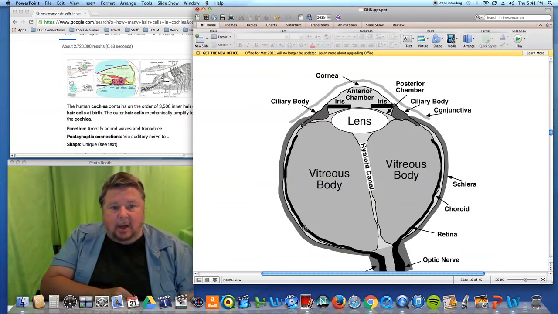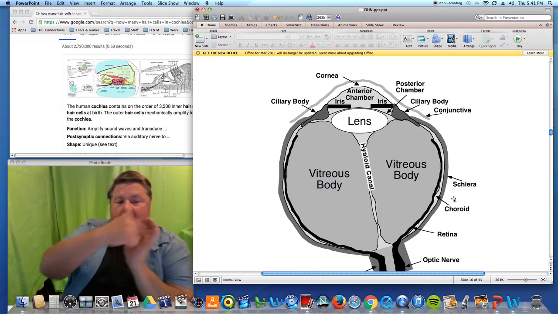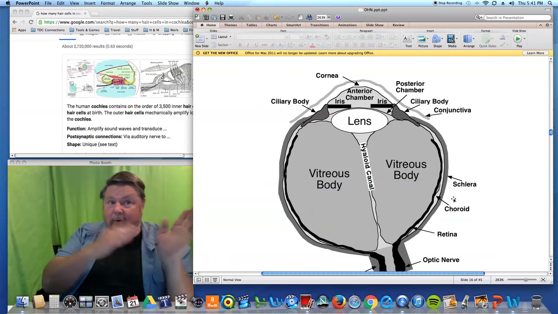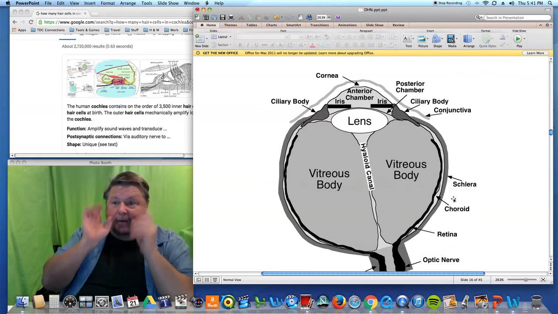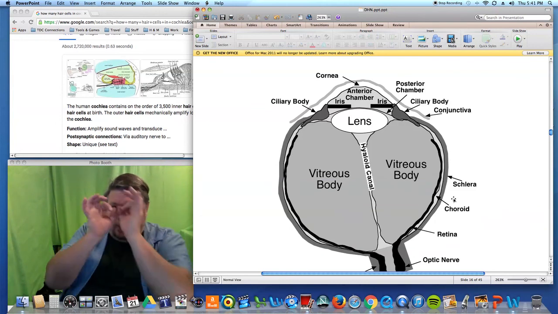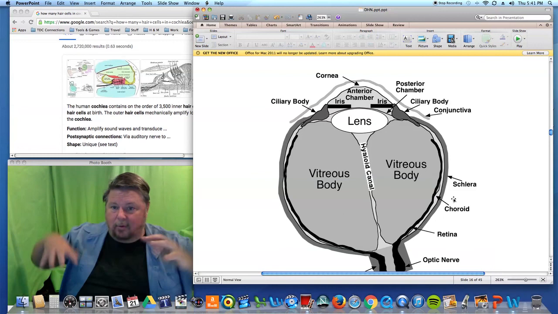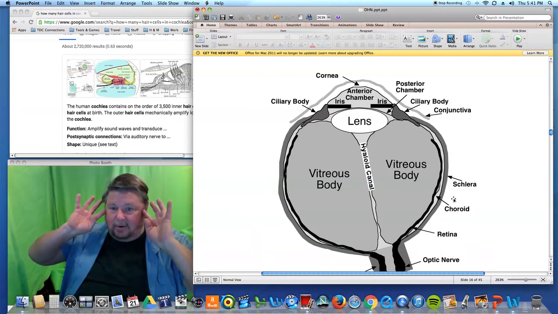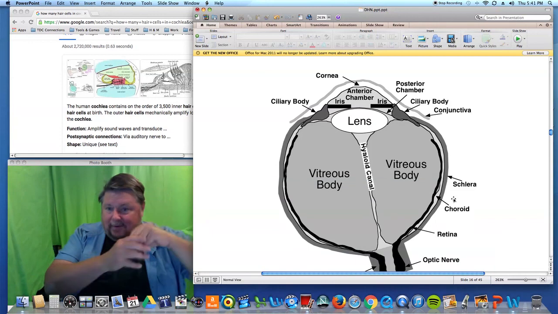The retina is all along the back here, because that's how you get peripheral vision. You're not just seeing a dot, you're seeing lots of dots. You've got a whole array of visual stimuli, and so that's all over inside the eye.